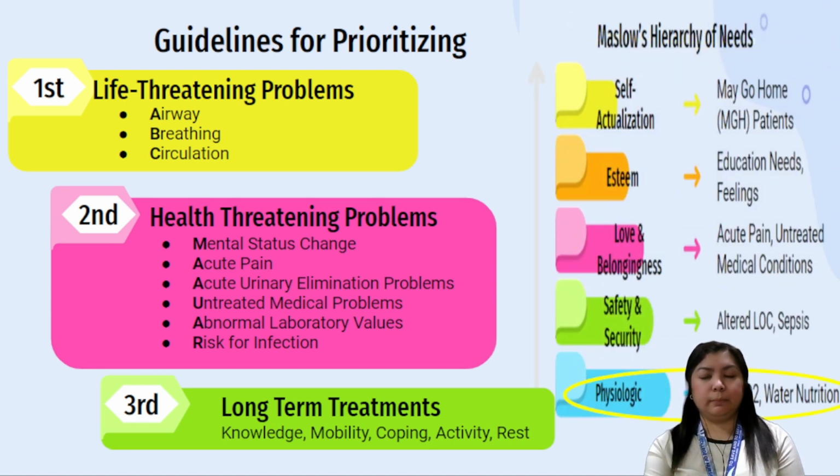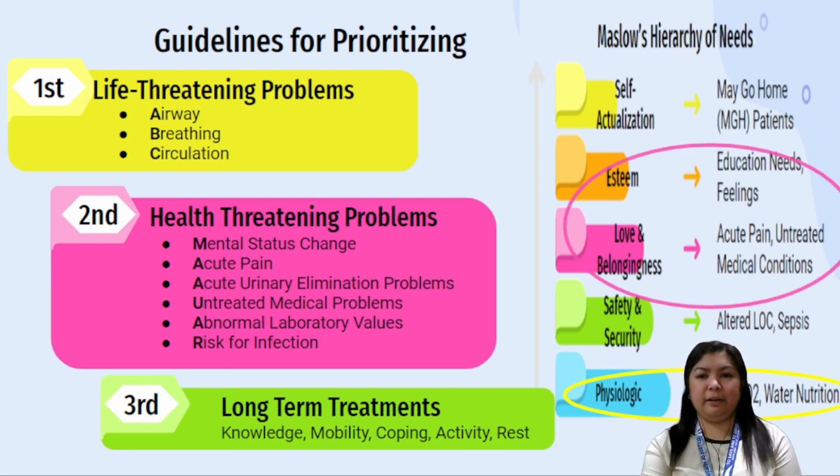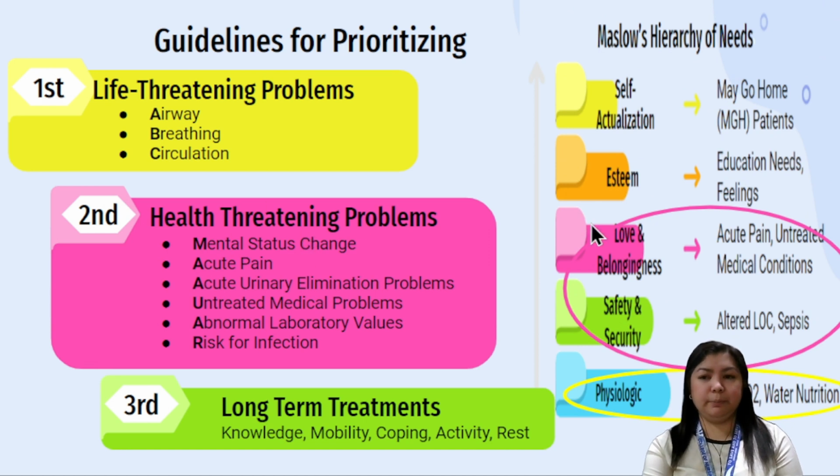Okay, so the first, the life-threatening problems from our guidelines for prioritizing, is under the physiologic part of Maslow's hierarchy of needs, the most basic. Next, you have health-threatening problems, which belong to the second and third levels of Maslow's hierarchy. You have safety and security, love and belongingness.